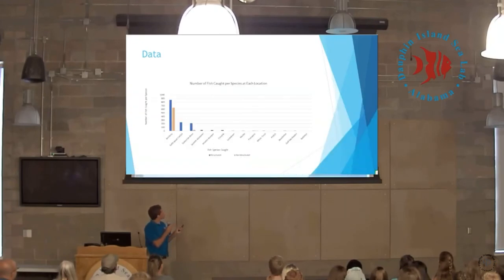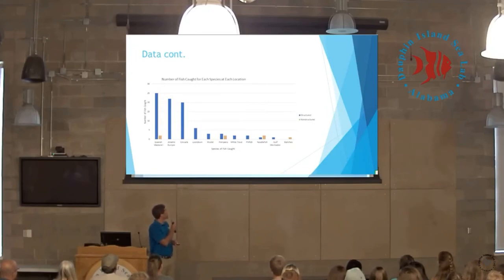This graph shows that. You can see that they stretch the graph and it's hard to see the smaller fish, so I made a separate graph for that. What this tells us is that I caught 13 species at the structured environment and only 6 at the non-structured. You'll also notice that I generally caught more fish per species, so the abundance was greater at the structured environment.